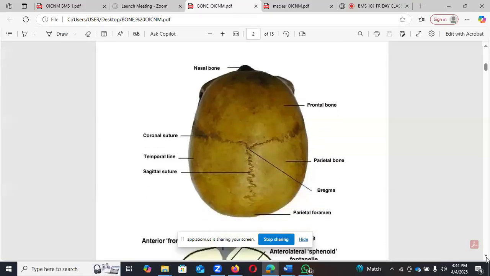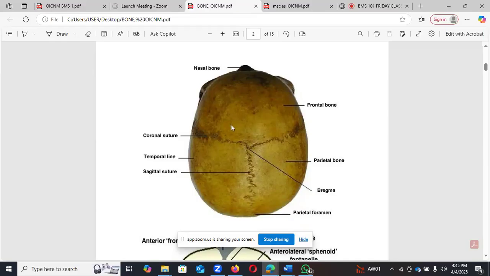Again, when you look at the bone of the skull from the superior view, this is the nasal bone. Again, this is the frontal bone containing the frontal lobe of the brain.